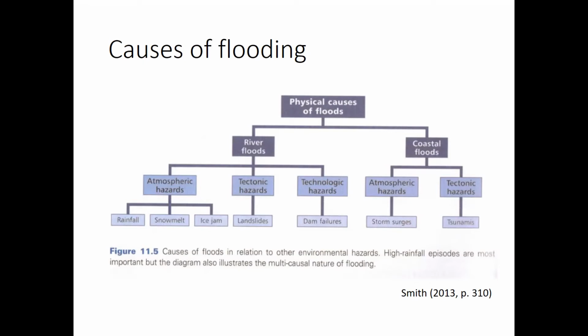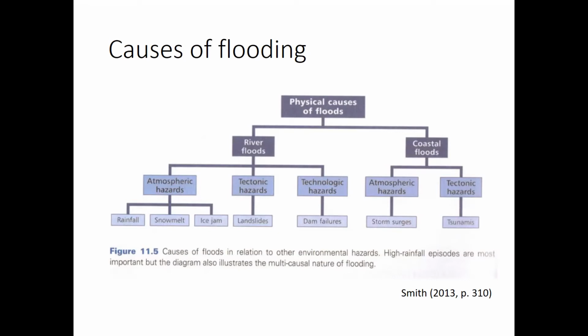And if we look at the river floods branch of this diagram, we can see that it can be subsequently broken down into three subcategories. So the atmospheric hazards, so again, rainfall entering those water systems and those drainage channel networks. Snow melt, something that we don't get lots of in the UK, but it has been linked, particularly in the 1940s, to very severe flooding in the UK. In fact, some of the worst flooding the UK has experienced happened in 1947 as a result of large-scale snow melt.